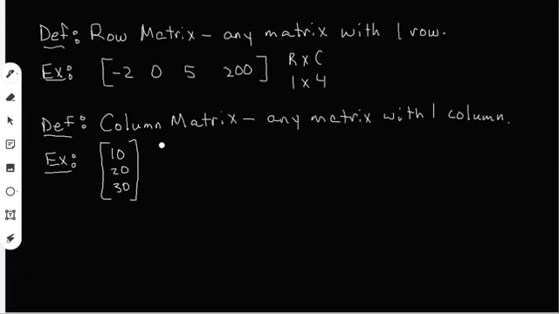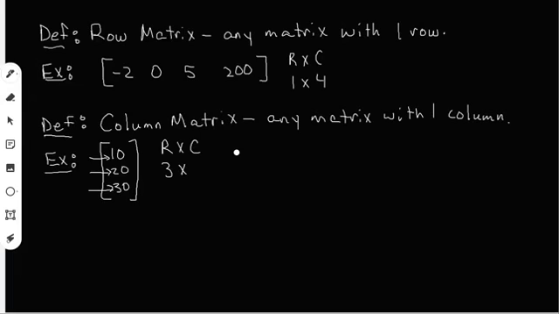So what is the dimensions of this matrix, also known as the order? Well, you know we're supposed to write the row number first. So how many rows does this matrix have? It has 1, 2, 3.